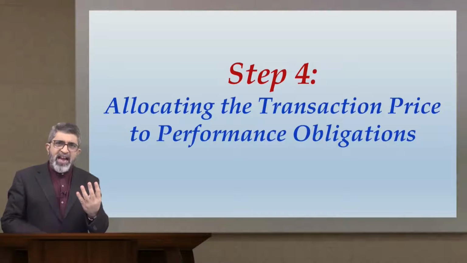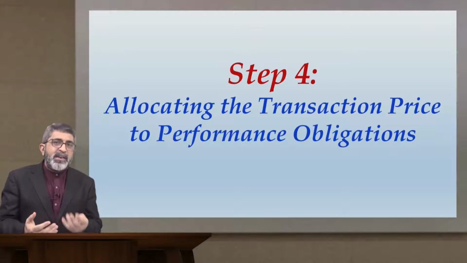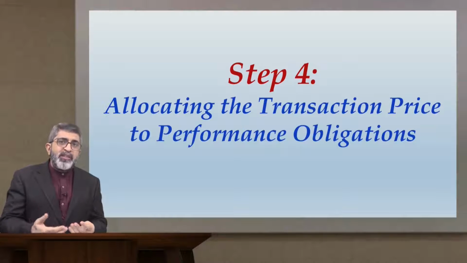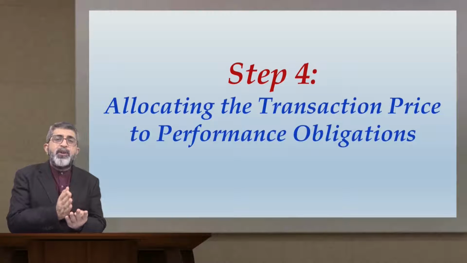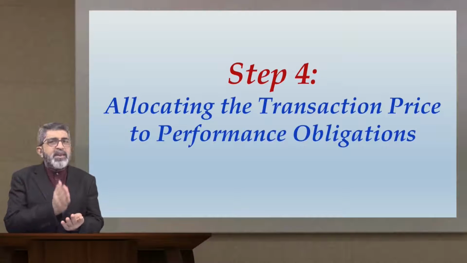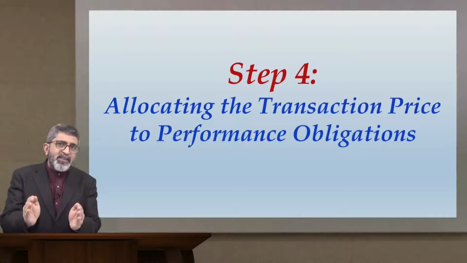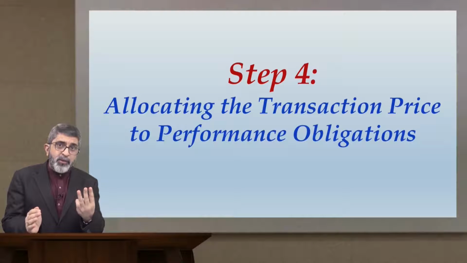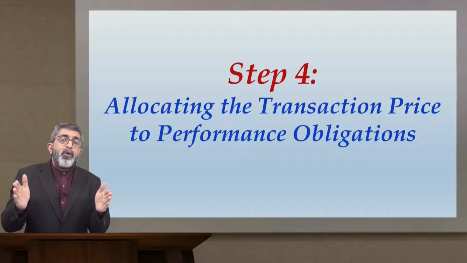For simplicity, I would name them A, B, C and D. That means the entity needs to supply multiple goods or services which constitute different performance obligations A, B, C and D. Now, the transaction price identified in the third step pertains to all these 4 performance obligations.